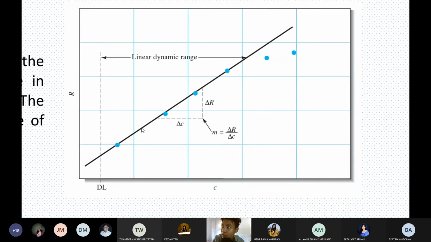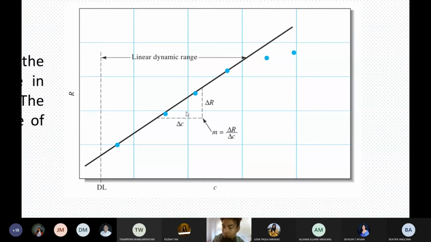So also, when you increase the concentration further, the linearity changes to a plateau curve or hyperbolic curve.